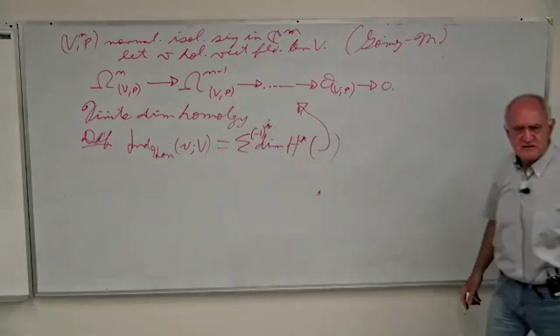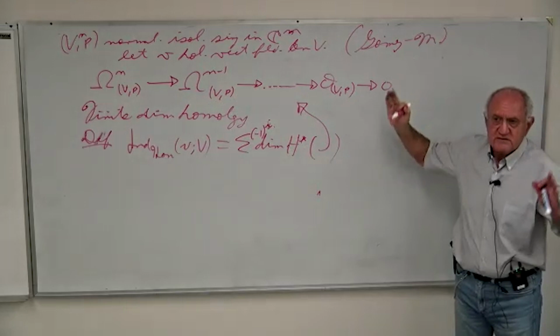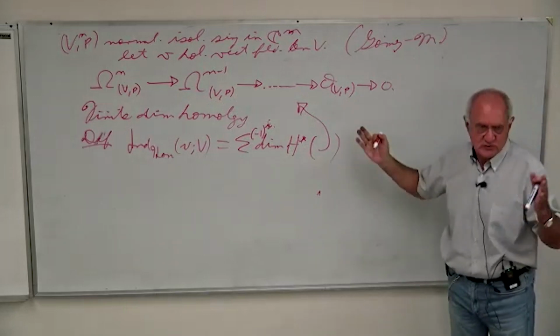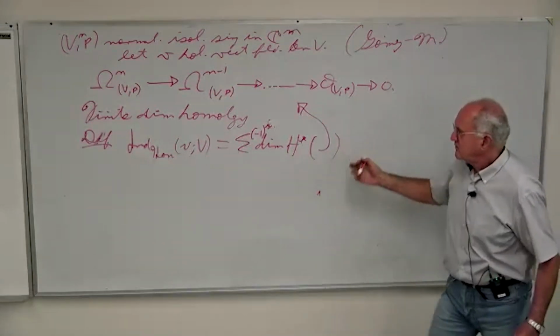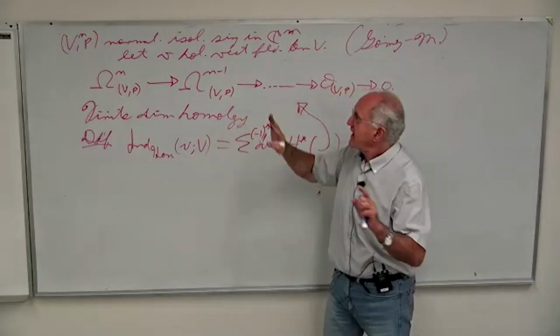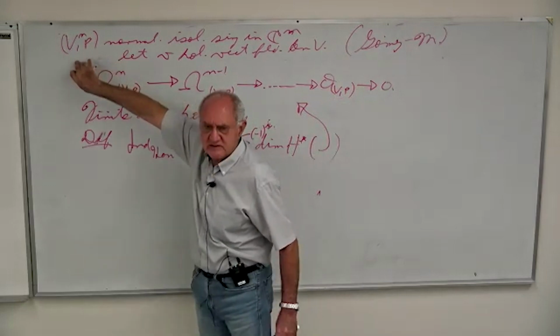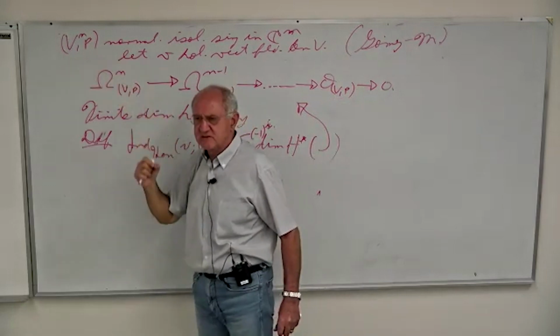Okay, so you take the Euler characteristic of this complex, and that's a number, it's a finite number, you have to show, but this is not very difficult. And that number is by definition the homological index. That's defined always for all singularities, normal isolated, and holomorphic vector fields.